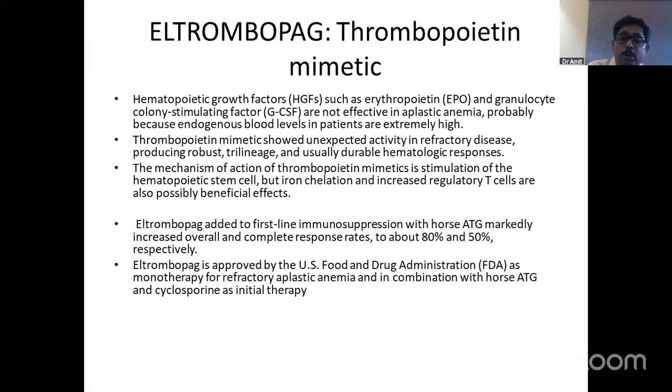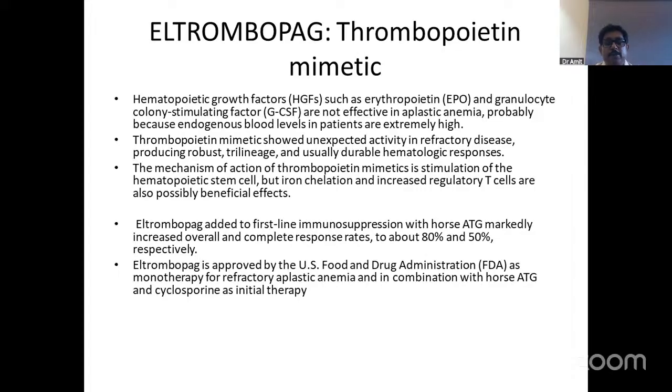Now we have thrombopoietin mimetics, like eltrombopag, which is doing wonders in this scheme of things. Thrombopoietin mimetics have shown unexpected activity in refractory disease, producing robust trilineage and durable hematological responses.